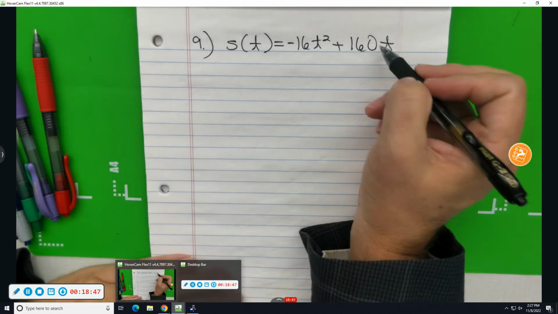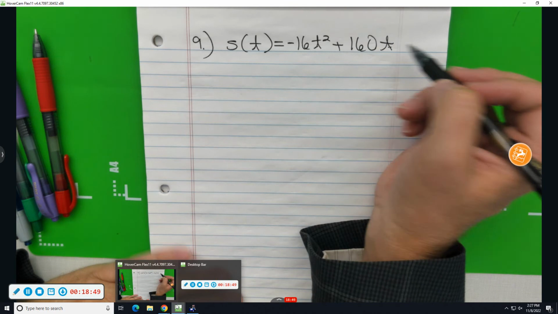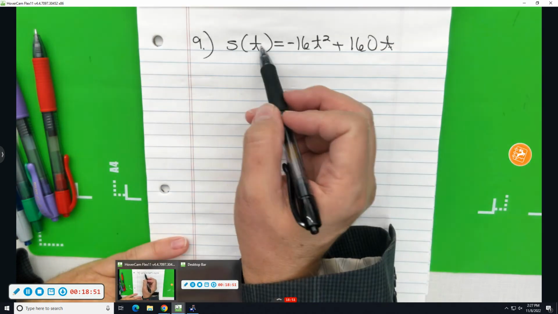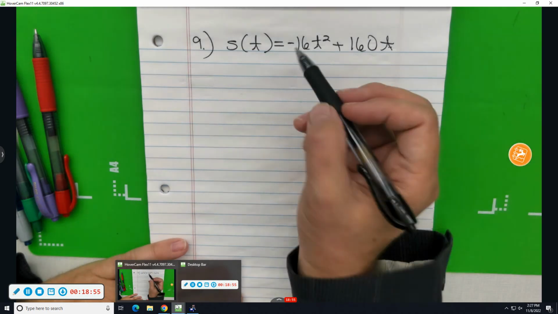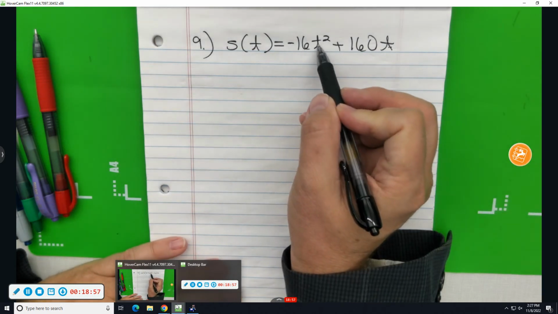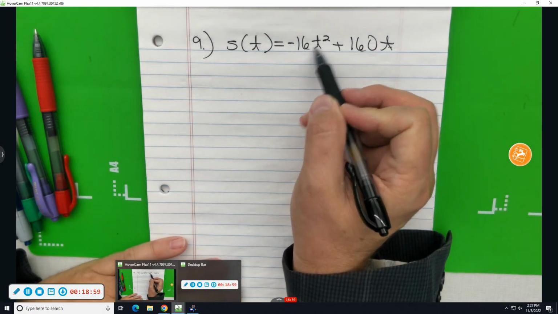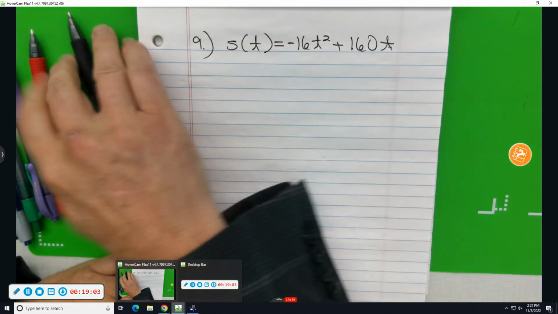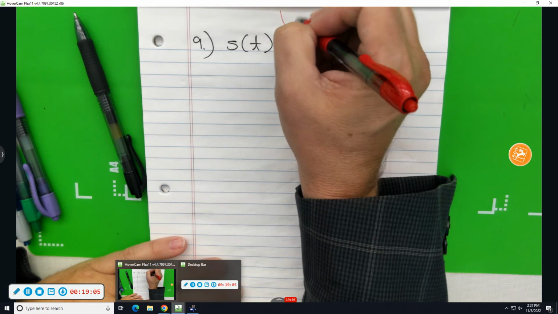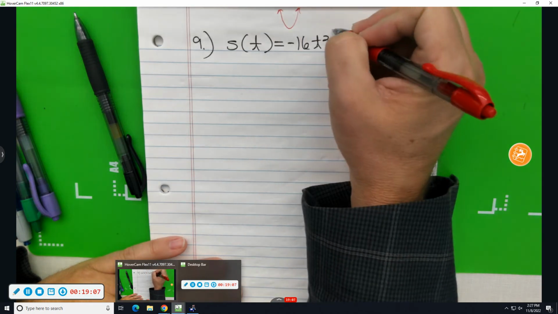Realize t is acting like x in this case, and that s of t is acting like the y variable. First of all, I see that it's quadratic, as a square, so if we were to graph it, it would either open upward or downward.